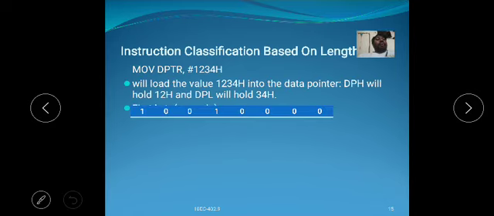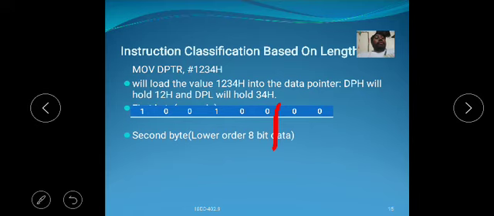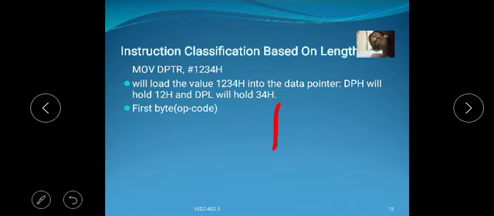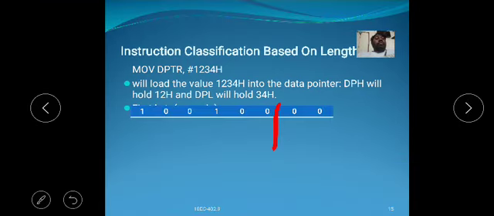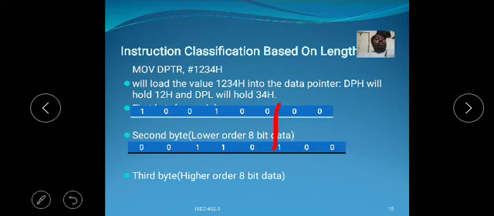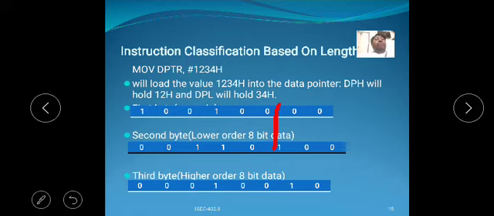Here is the example: MOV DPTR, #1234H will load the value 1234H into the data pointer.